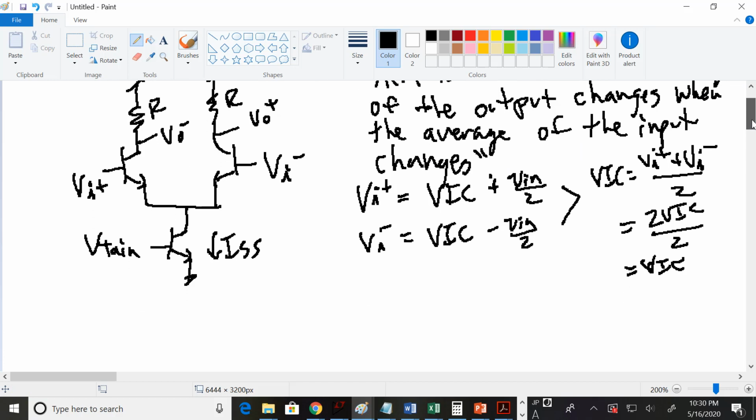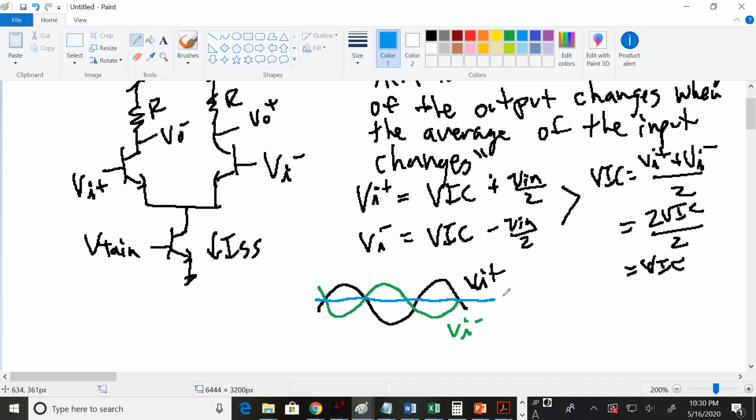And just a reminder, when you're talking about a balanced input, you'll have VI plus, and then you'll have an equal and opposite signal, which is VI minus. And then the average of these two is your VIC.